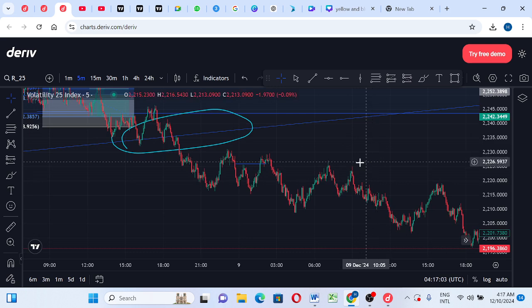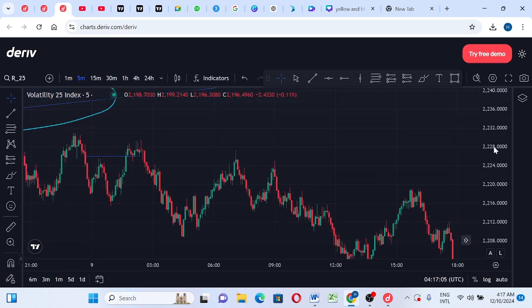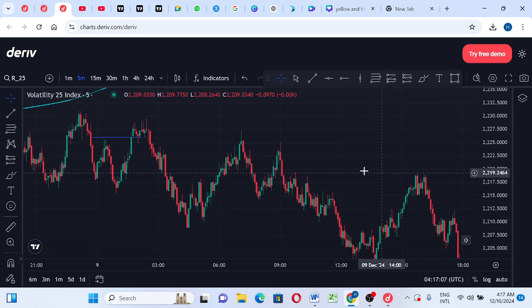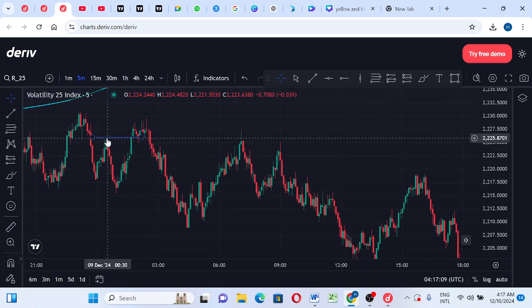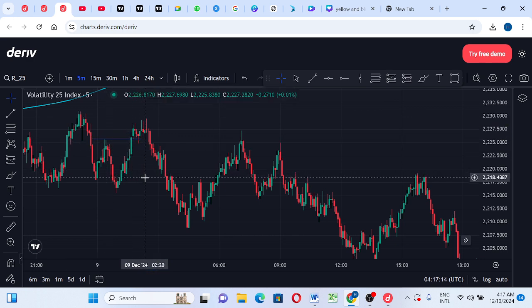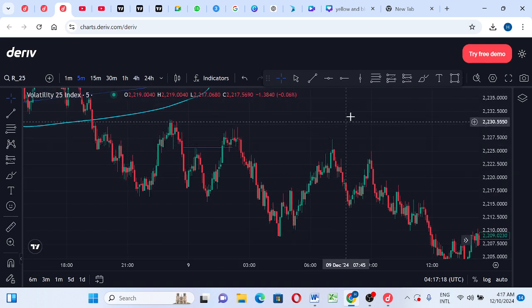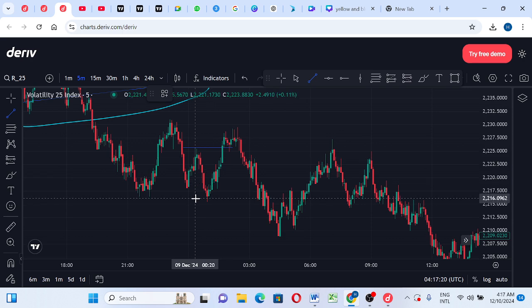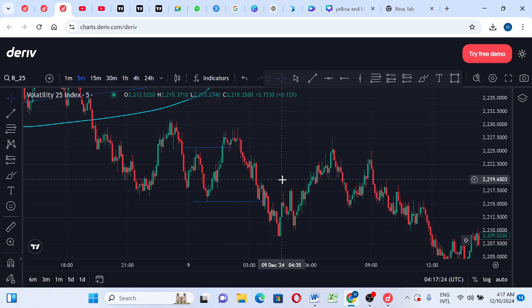Now this is the next trade we saw. We got a break of trend line. We got our liquidity grab here, that gave us our entry, so price took out liquidity, and we saw again it took out structure from the downside.